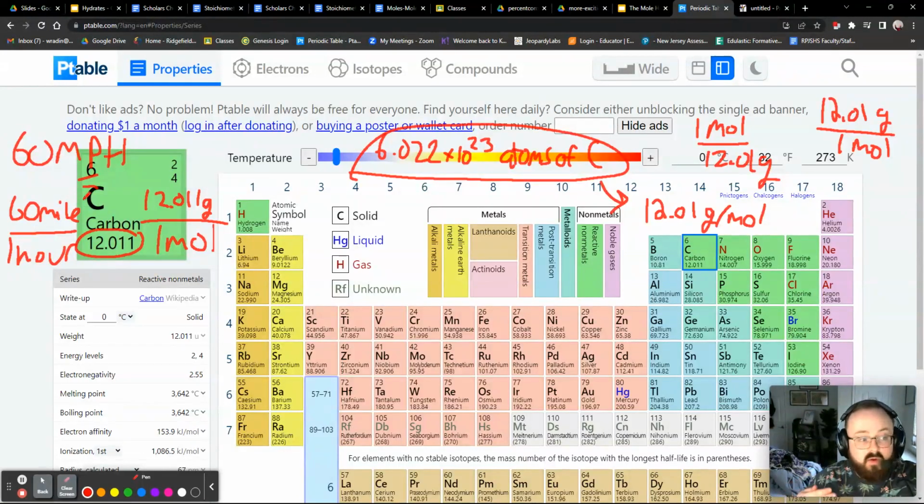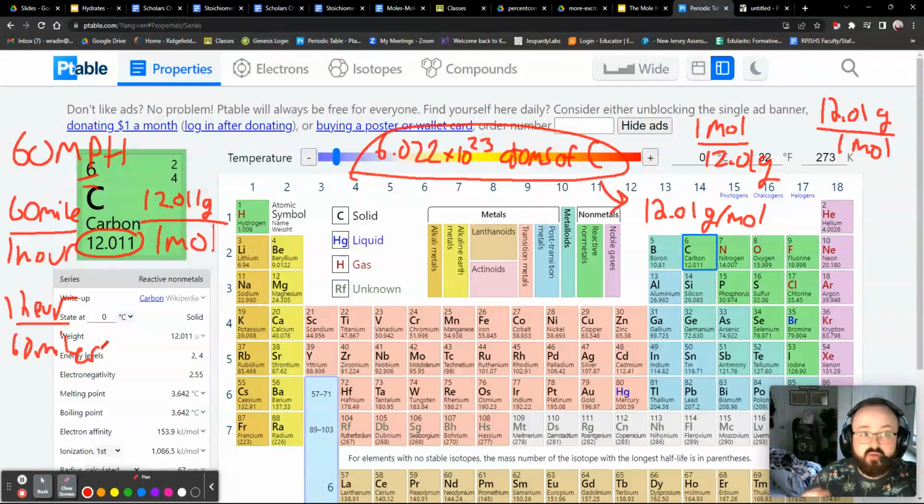And that's what I want us to keep in mind. That means in 1 hour, I'm going to be going 60 miles. In physics, you're going to be dealing with velocities, with speeds, probably being meters per second. But you're going to be dealing with this concept of per. Grams per mole, miles per hour, meters per second. Okay? That's just the general concept of what a molar mass is and the understanding behind it.